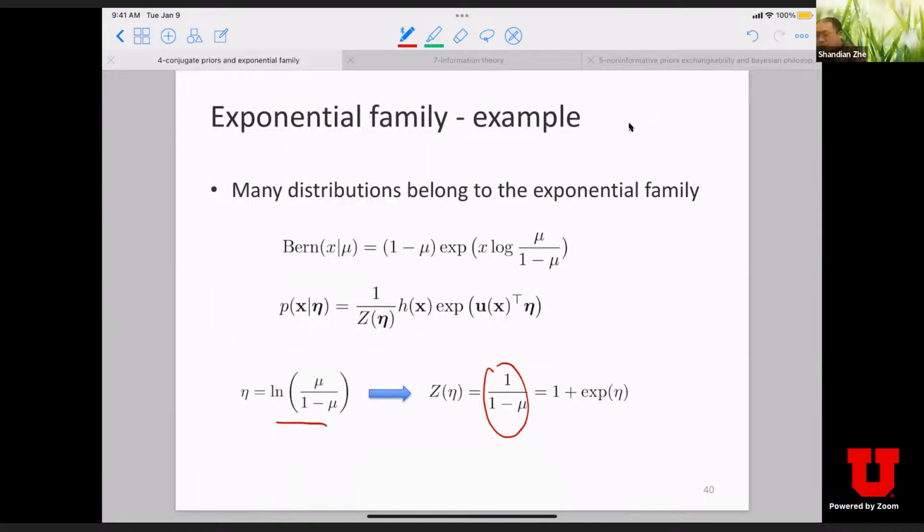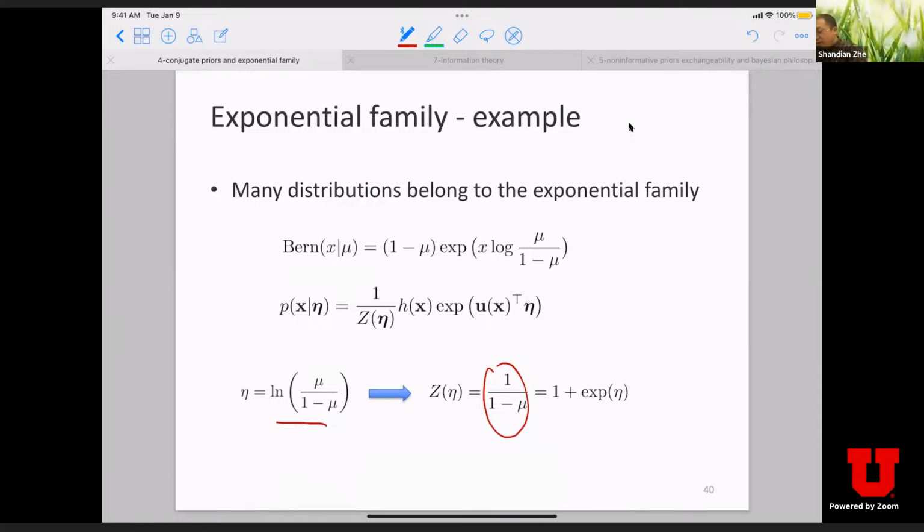Z, when represented in terms of mu, is just 1 over. If we want to represent Z in terms of eta, you get 1 plus e to the power of eta. Does it make sense?